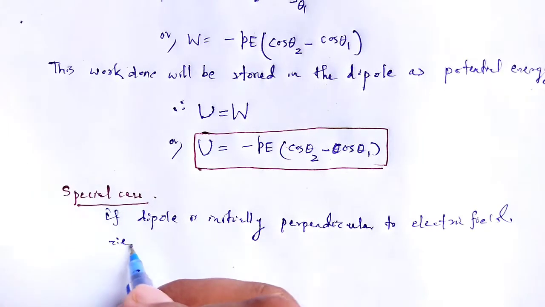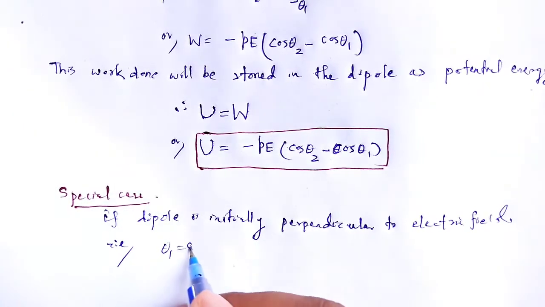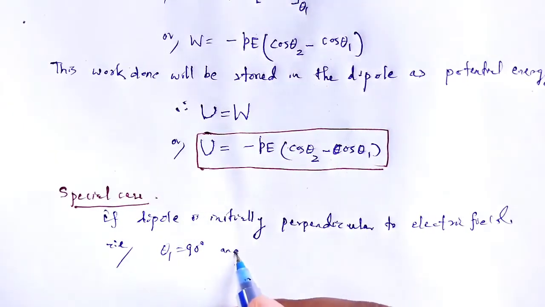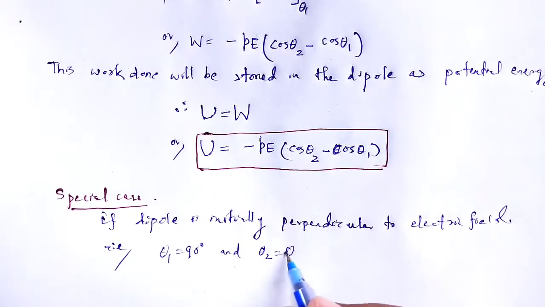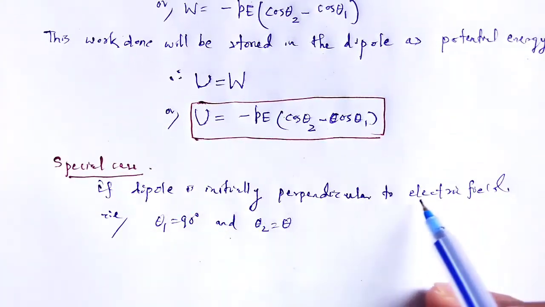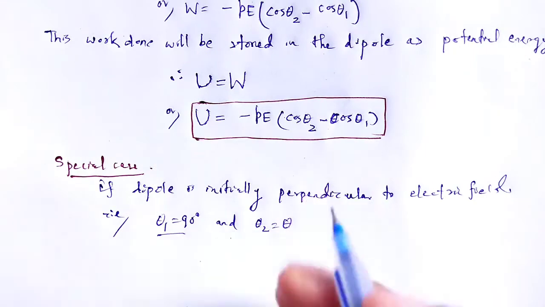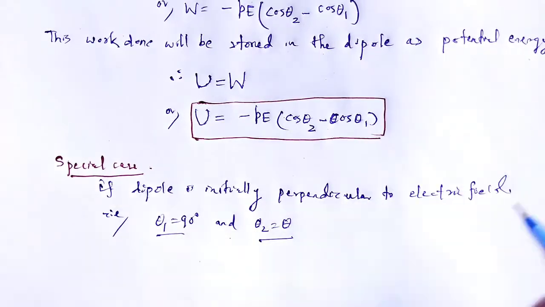That is, here theta 1 is equal to 90 degrees and theta 2 is equal to theta, the angle of rotation.